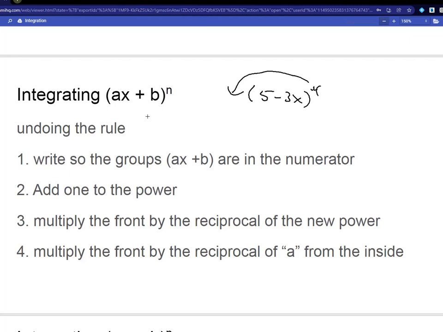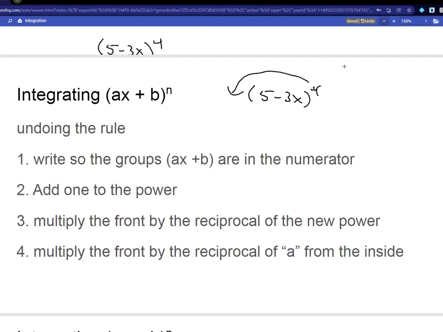Do you remember how to do derivatives with the chain rule? If I showed you 5 minus 3x to the fourth and asked you to find the derivative, what would you do?